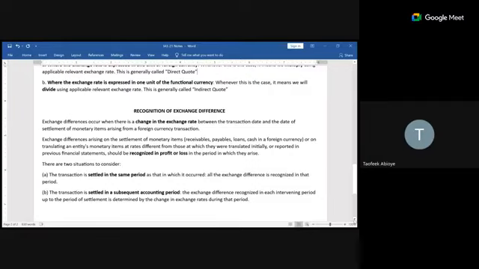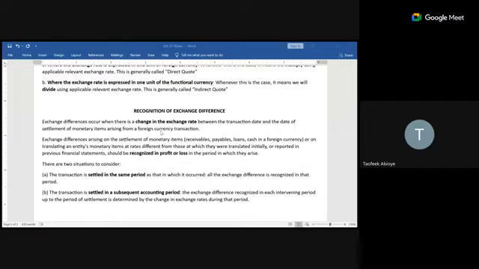It is talking about realized and unrealized exchange gains. There are some transactions where you carry out the transaction in one period, and then when you settle it, it is another period.